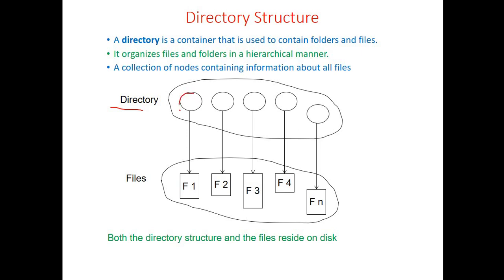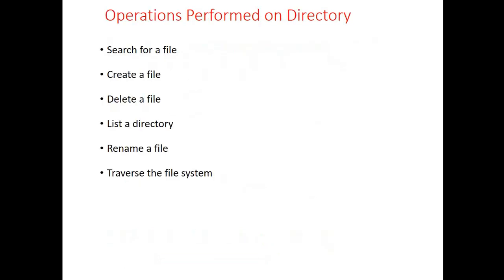A folder is again nothing but another directory that will have subdirectories. So each directory will have subdirectories and files. Some directories may have only files, some directories may have subdirectories as well as files. Both the directory structure and their corresponding files will be residing on the disk.